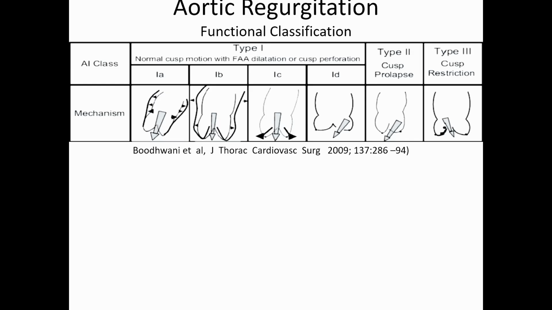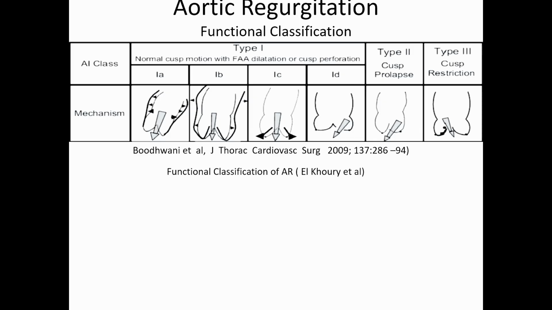Some is root dilatation. So the first part is because of the dissection, which is causing a problem. Type 2 is a cusp prolapse, which may occur because of normal pathologies, and type 3 is a cusp restriction, which is common with aortic stenosis, and then with cusp restriction there will be aortic regurgitation.